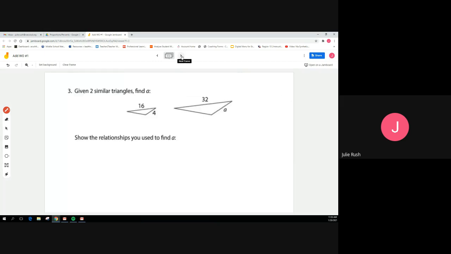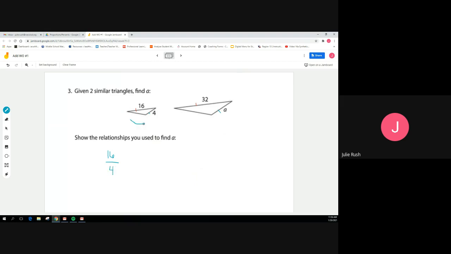And then our last and final problem, given two triangles, find A. So we're going to find A and show the relationship that we use. So 16 and 32 line up, okay? And then 4 and A line up. So I'm going to do my small triangle just right here so that it has side lengths of 16 and 4.